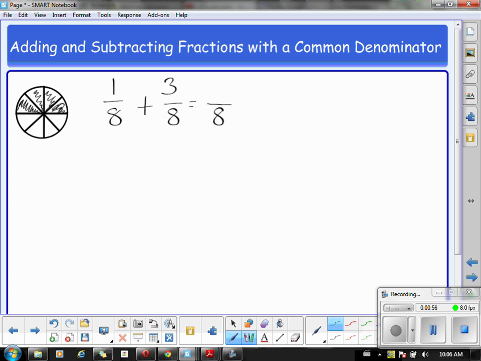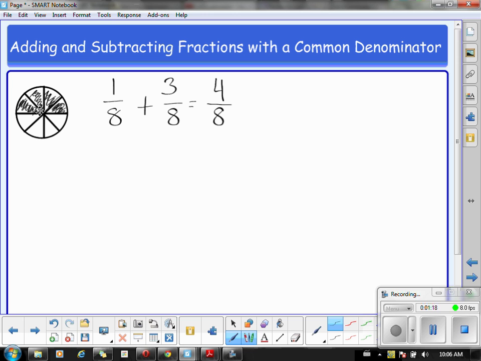Each piece is still an 8th, so my denominator stays 8. Then when I look at the numerator, I start with 1/8, and then I add 3 more for a total of 4/8, because 1 plus 3 equals 4.